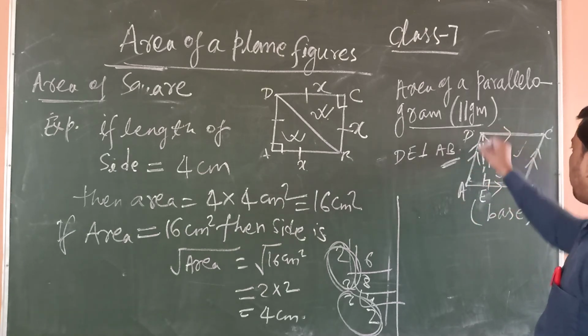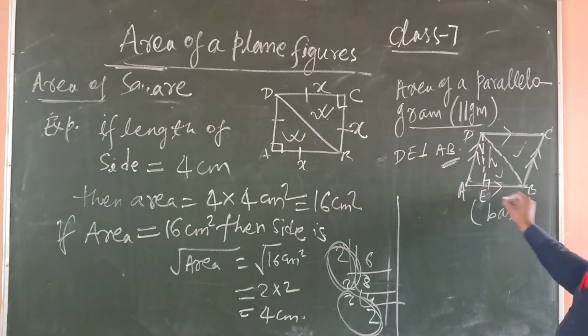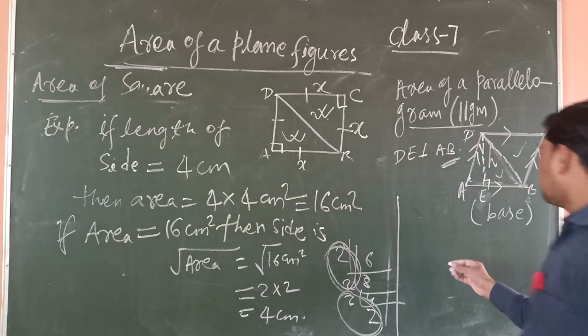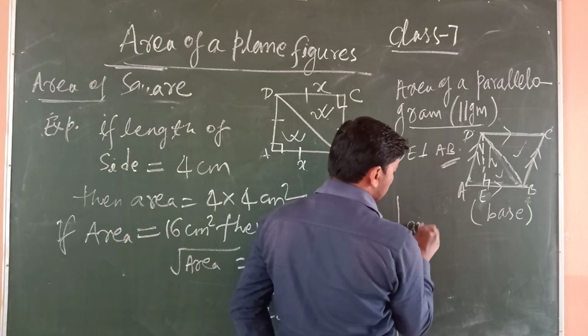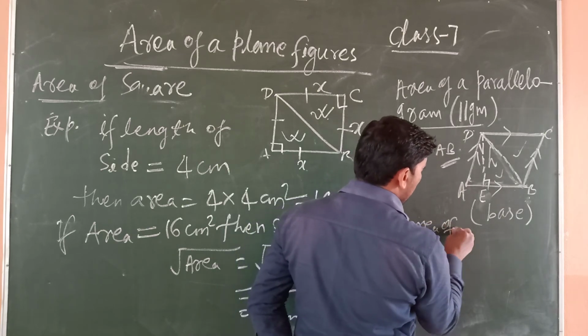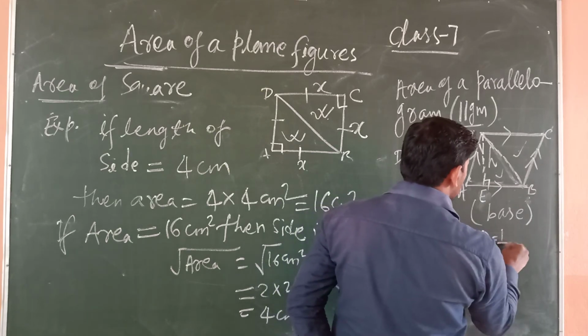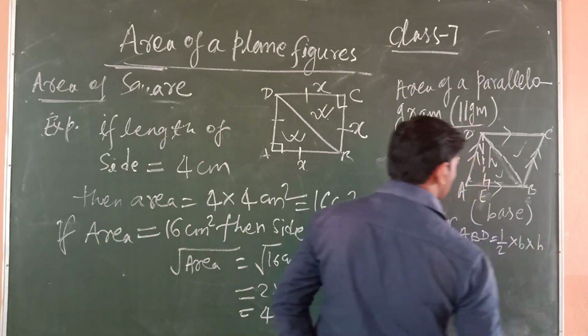Then area of parallelogram is base into height only, because the area of this triangle ABD is 1/2 into base into height.